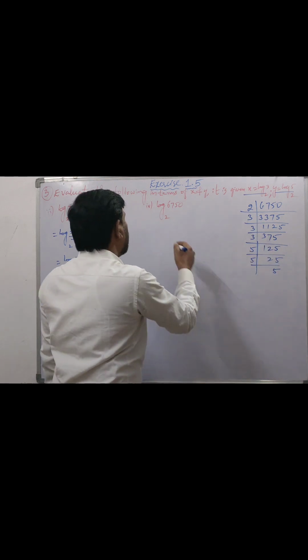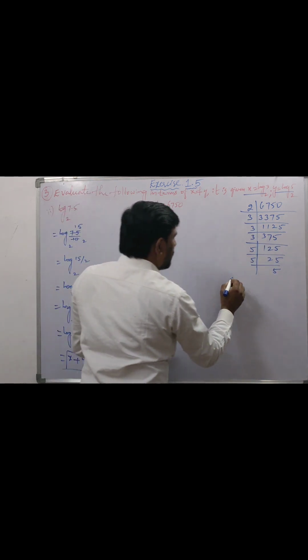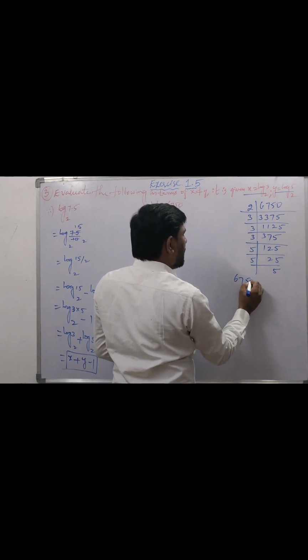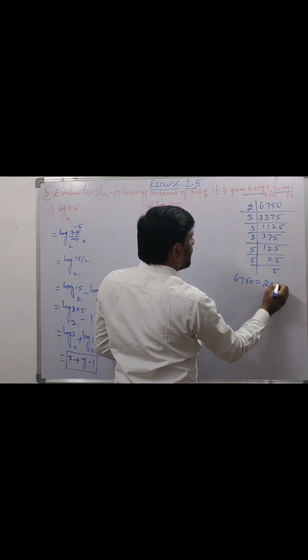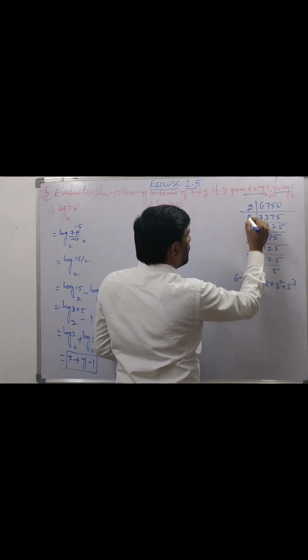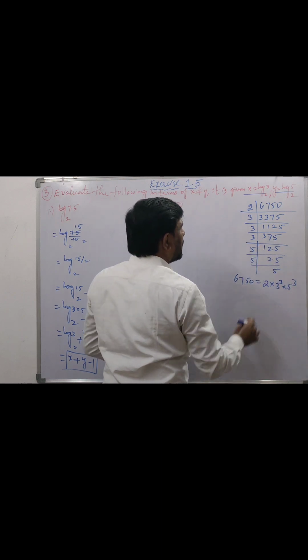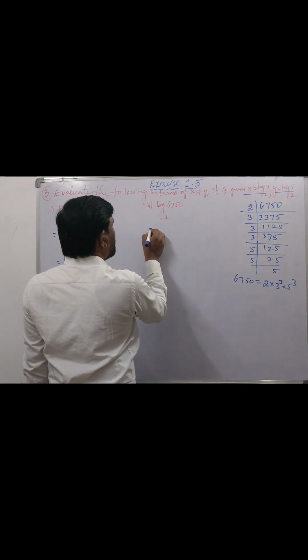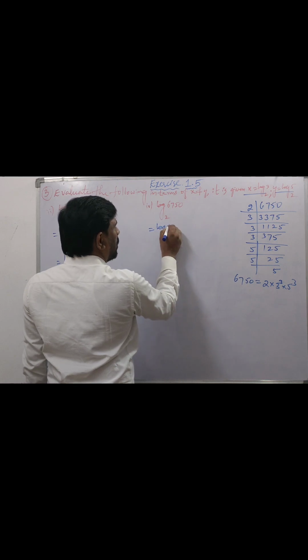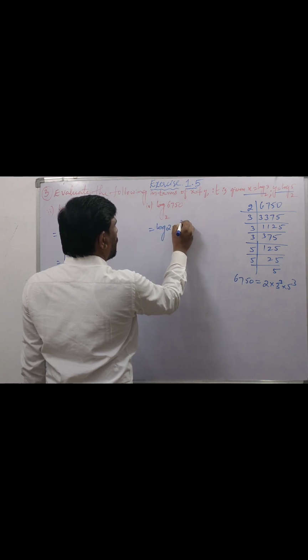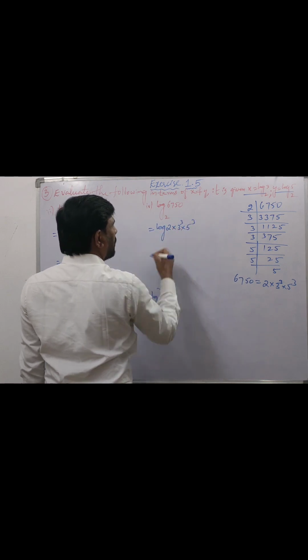So this is the prime factorization of 6750. So 6750 can be written as 2 into 3 cube into 5 cube, right? So I will replace this 6750 by 2 into 3 cube into 5 cube.